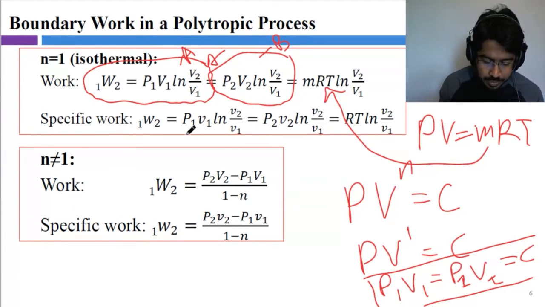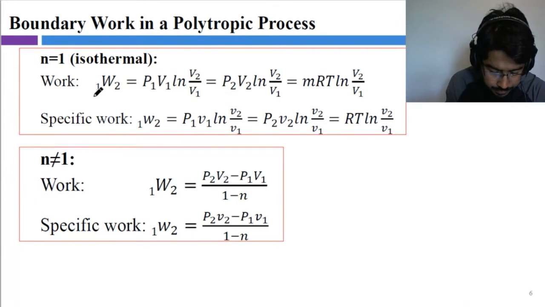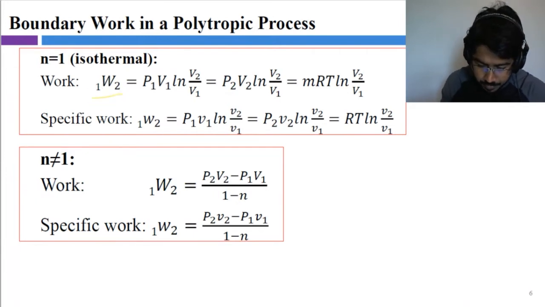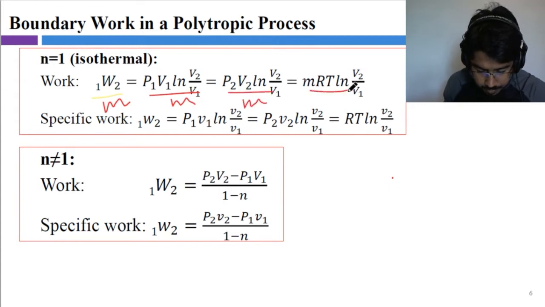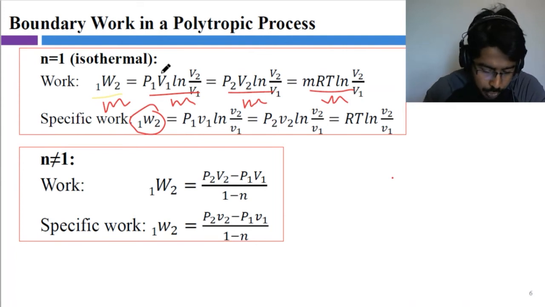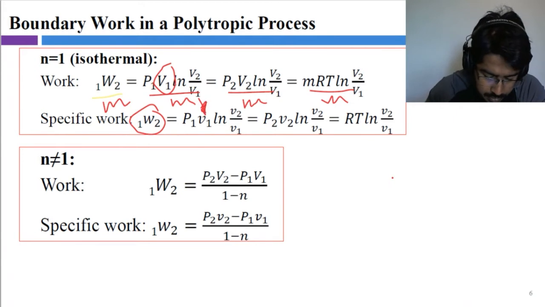When we divide everything by mass, work becomes specific work, and the volume term converts into specific volume in the bottom expression, and here also volume becomes specific volume, and here the mass is gone now.